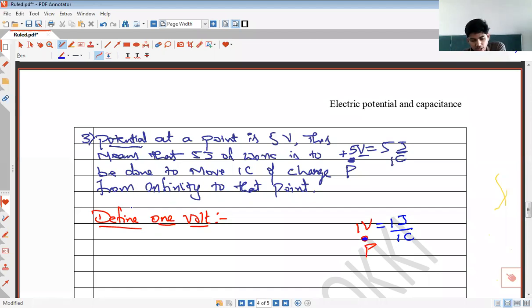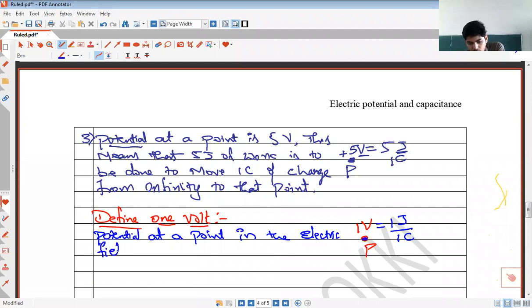So potential at a point in the electric field. This is important.